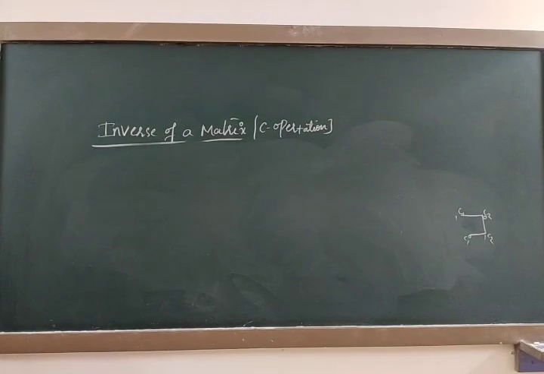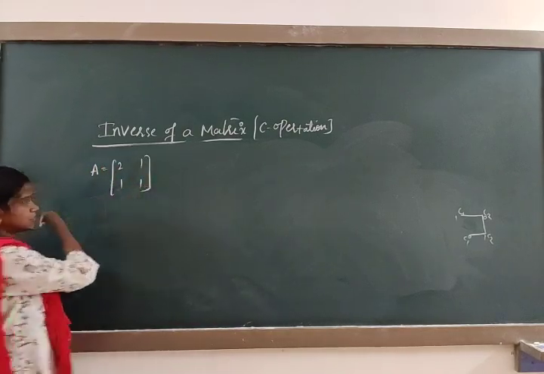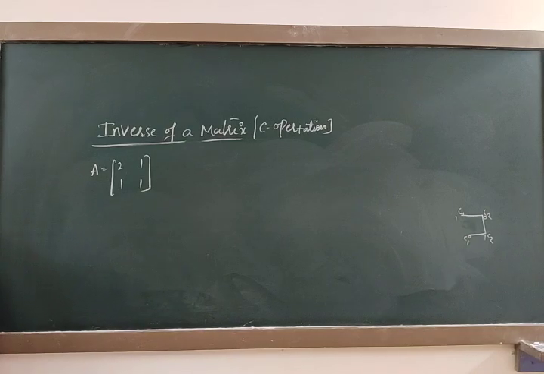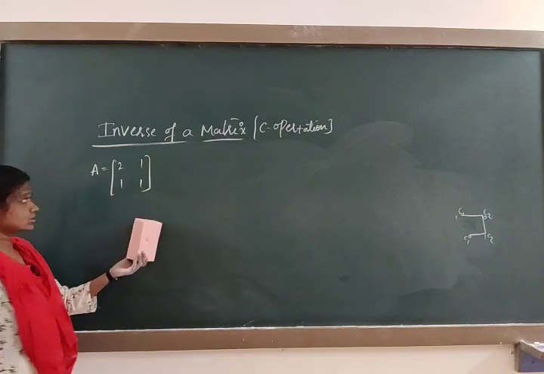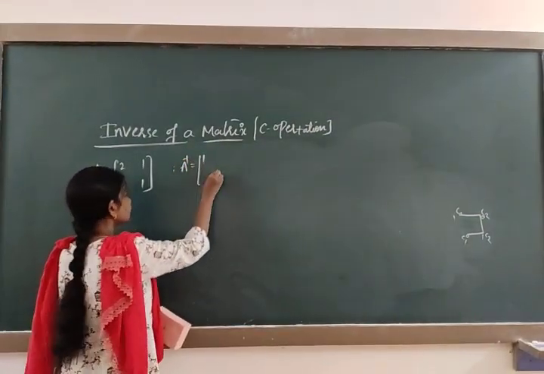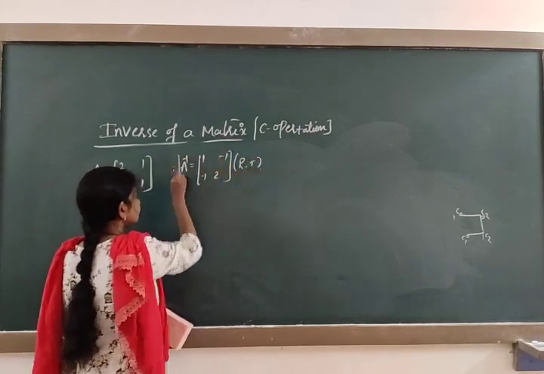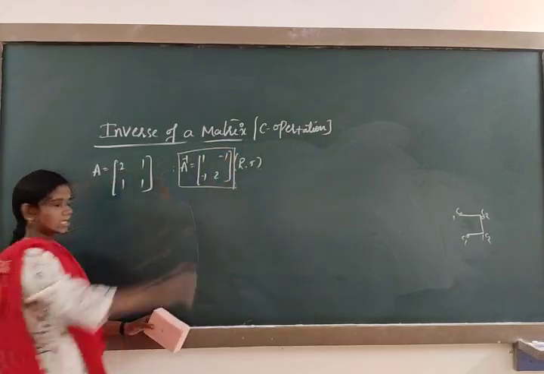Take the last problem from the last session, 2 1 1 1. The inverse for this we have also given, it's 1 2 minus 1 minus 1, with the help of row transformation, which we took in the last class.